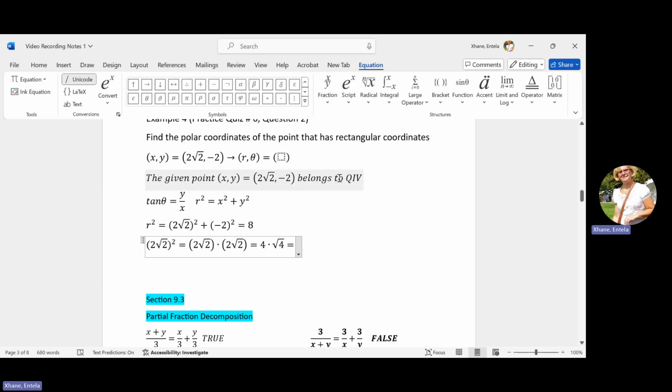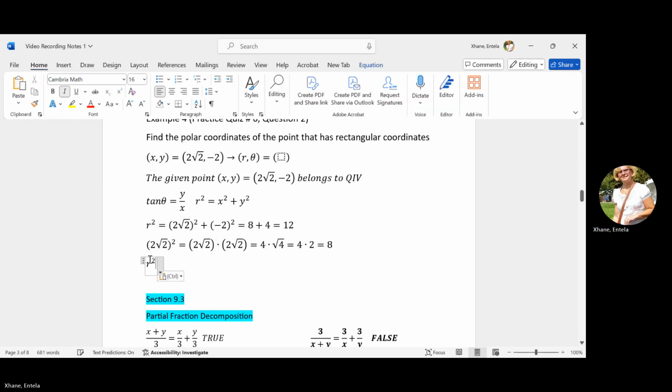So this is the same as saying 4 times 2, which is 8. And that's why you see 8 in there. Plus negative 2 multiplied by negative 2 is 4. So this is altogether 12. And now we have r squared equals 12. So therefore r is going to be the square root of 12.